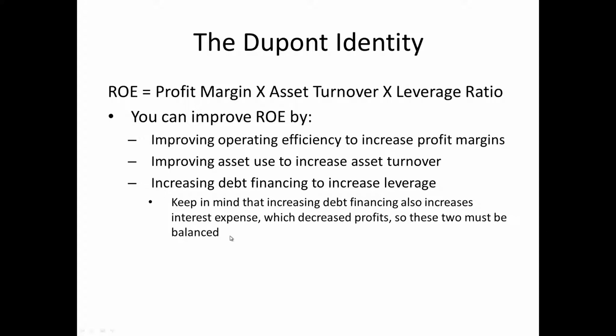So you have to be sure that you go through the entire calculation on a pro forma basis if you're thinking about doing that, and make sure that the impact on the profit margin doesn't wind up being bigger than the benefit from the leverage ratio. Generally, you should not expect that to be the case, but you just have to be careful.